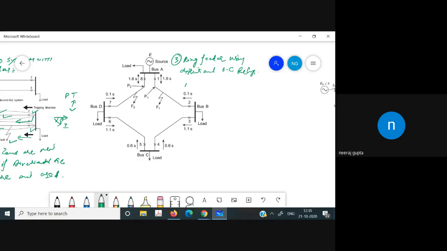What is the ring feeder? It is in the form of a ring, like you will see.